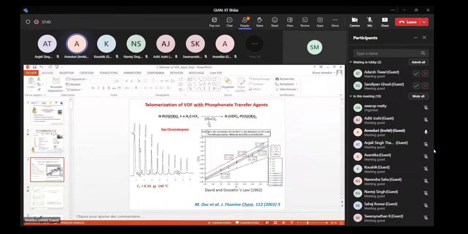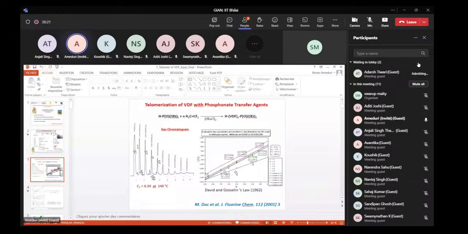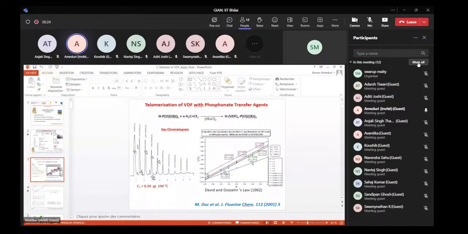In this case, you can go to the adducts, and by what is called the David and Gosselin's law, I don't have much time to detail that, but if you measure the area under the signal toward the sum of the areas, plotted versus the ratio of chain transfer agent concentration to monomer, it's possible to obtain straight lines, the slopes of which give you what is called the CT1, CT2, CT3, and so on, going to a kind of infinite CT value.